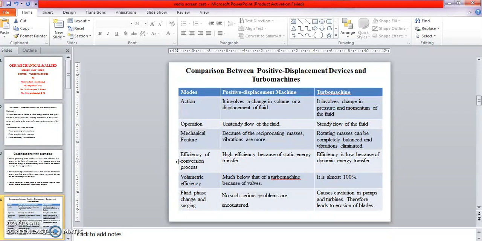Efficiency is low in turbomachines because of dynamic energy transfer. The volumetric efficiency is much below that of turbomachine. Because of valves, it is almost 100%. Fluid phase change and surging, no such serious problems are encountered. Cavitation in pumps and turbines leads to erosion of blades in case of turbomachine.